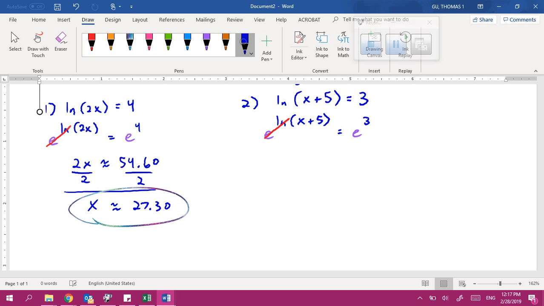We're left with x plus 5, which is approximately what? Remember, this is where we're rounding, so we're rounding e to the 3rd, so we're going to use that approximately squiggly equal sign. 20.09. All right, and we just have to solve for x, get it by itself. So what should we do? Minus 5, which leaves you with x approximately 15.09. Very good.